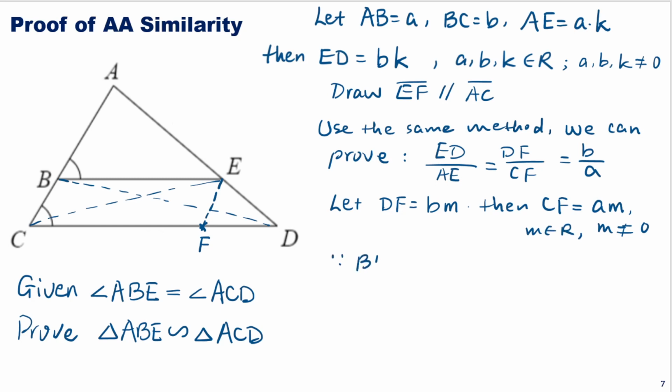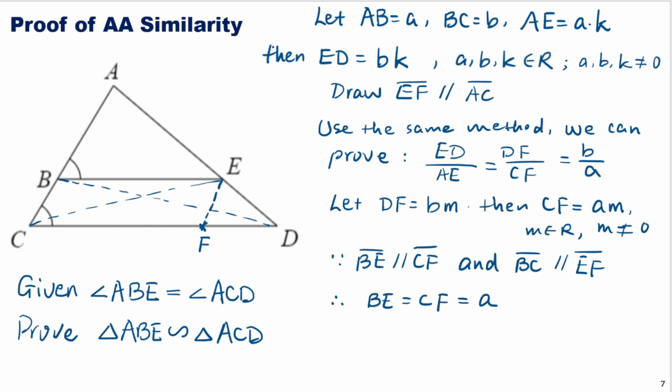Because we know section BE is parallel with section CF, and section BC is parallel with section EF, then we know BE must equal CF, which equals A times M, right?